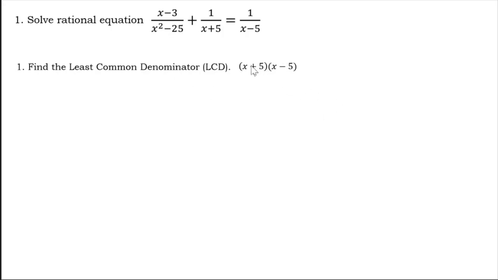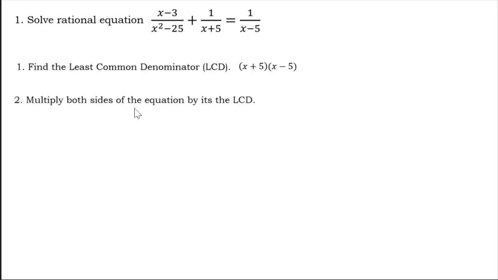And of course, it is also the least common denominator for these denominators, x plus 5 and x minus 5. So they have a common denominator.